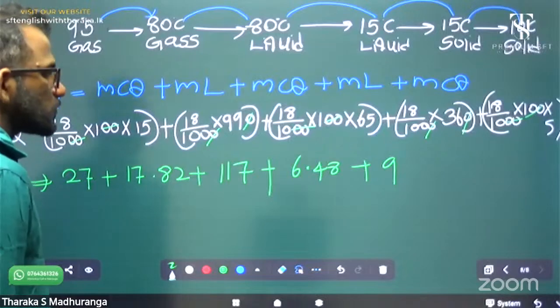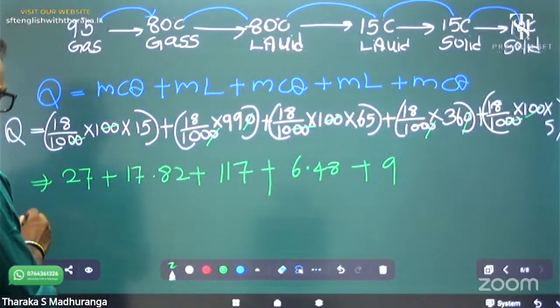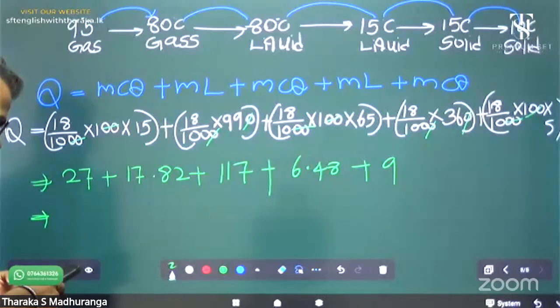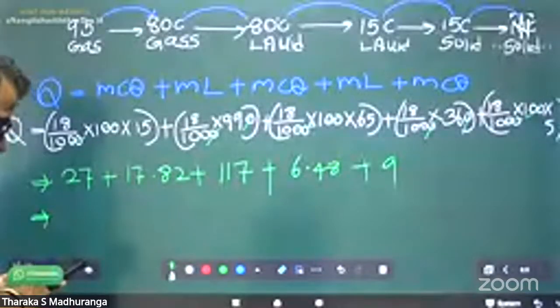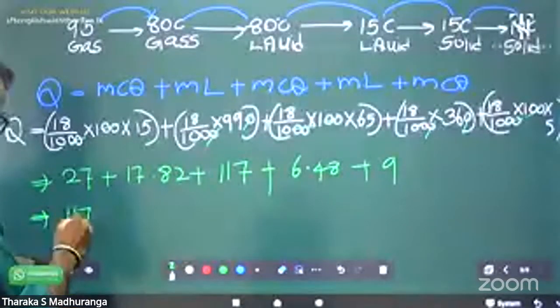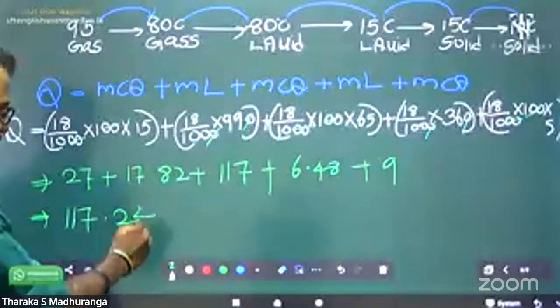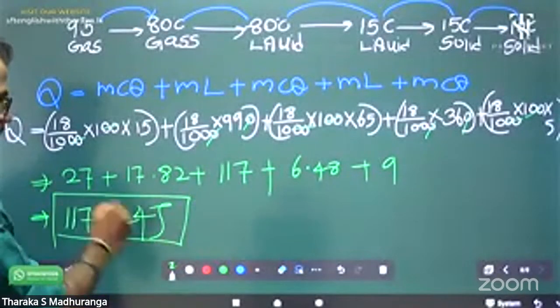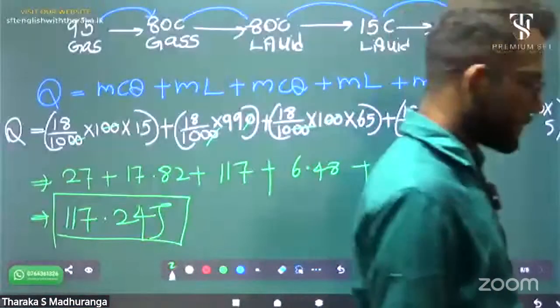Now you can add these values: 27 plus 17.82 plus 117 plus 6.48 plus 9. That gives 117.24 joules. Yeah, this is the final answer.